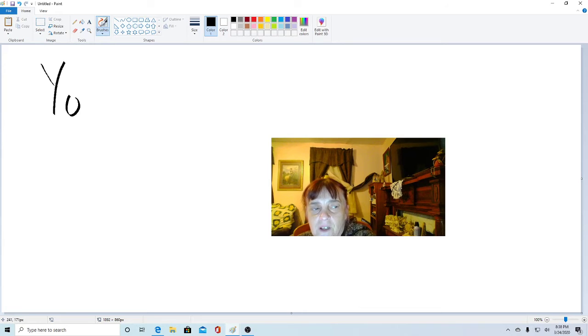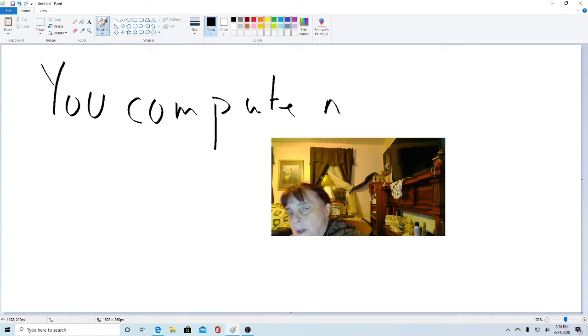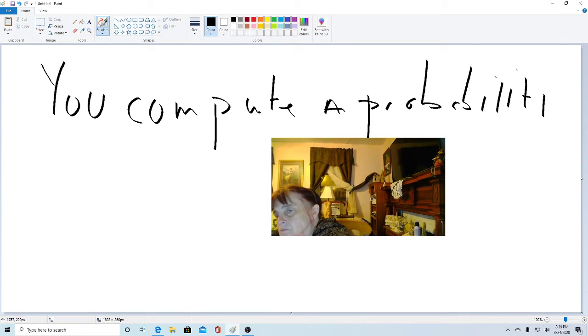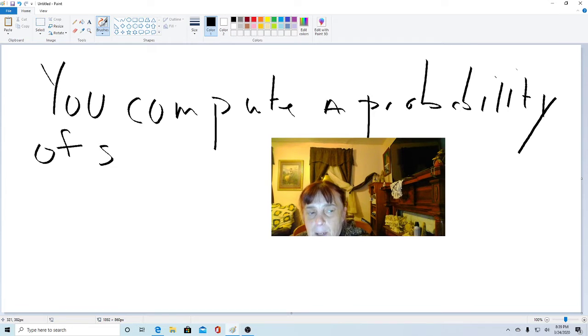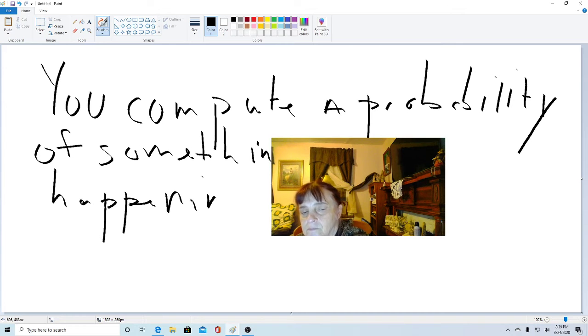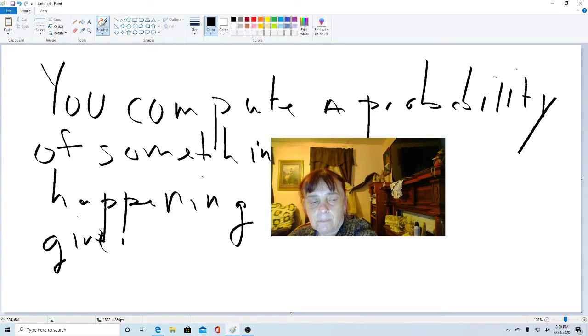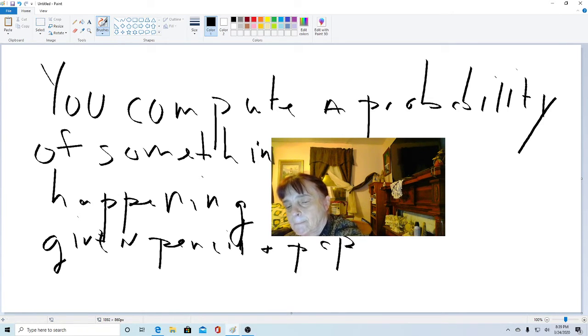Okay, theoretical probability, you compute a probability of something happening given pencil and paper. Okay, that's theoretical probability.